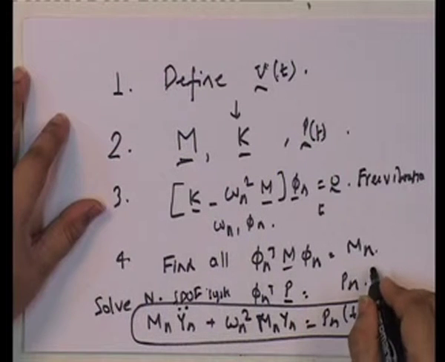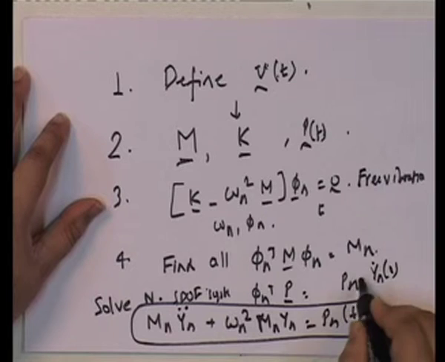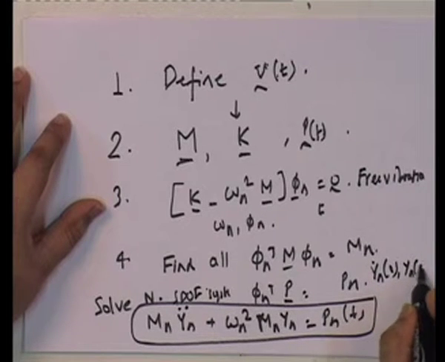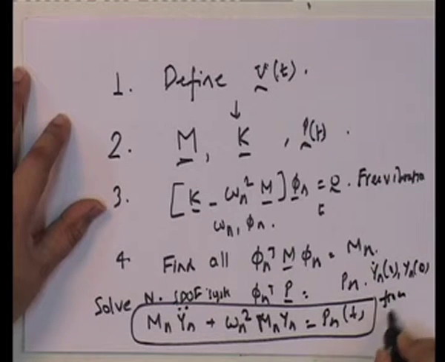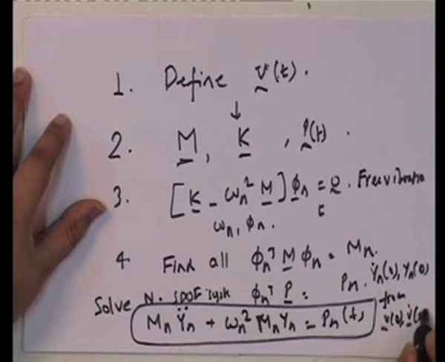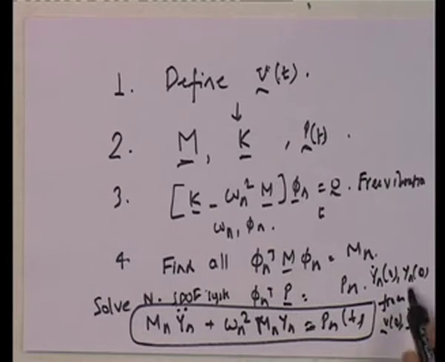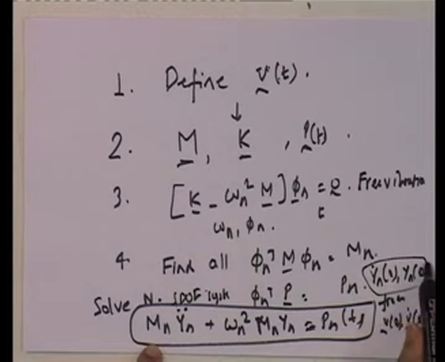Okay, so find this and also find out yn(0) and yn dot (0) from v(0) and v dot (0). So, that basically you can solve this differential equation given initial conditions.